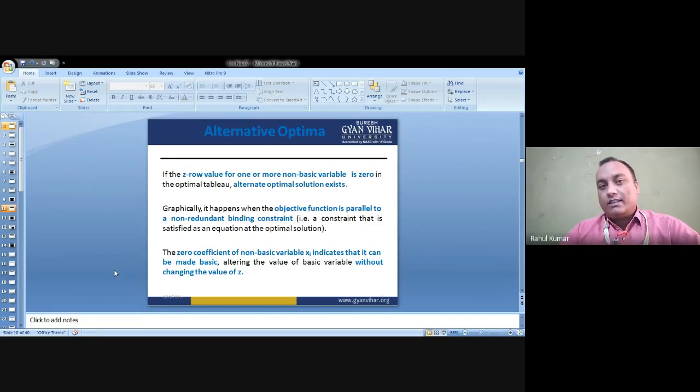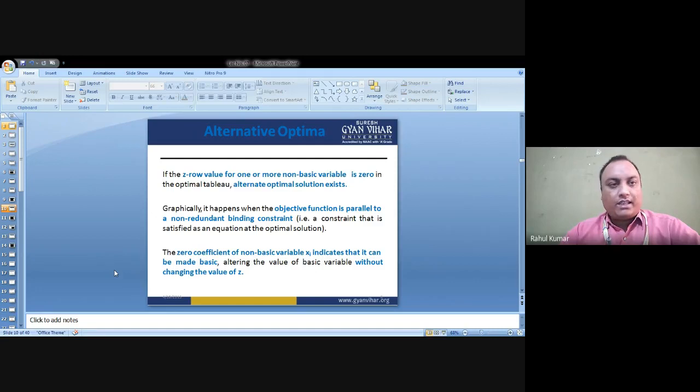These constraints are satisfied as an equation at the optimal solution, right?